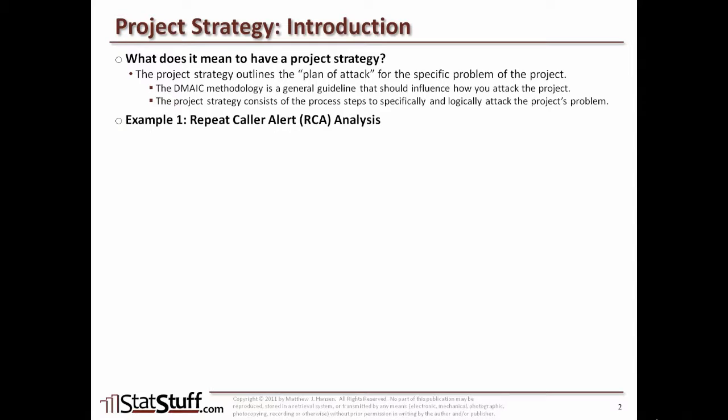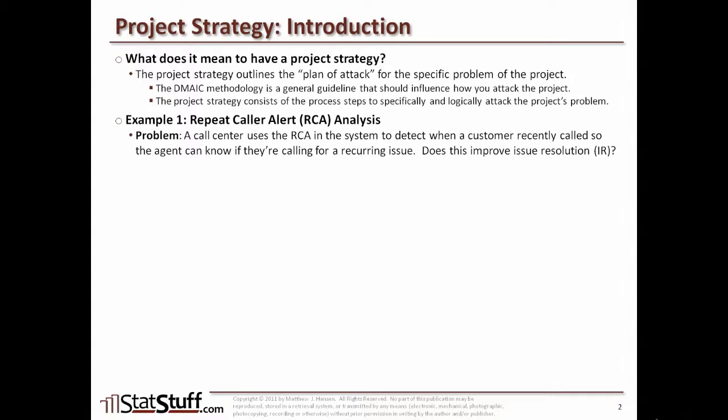In the first example, we're looking at what we call a repeat caller alert analysis, a metric called a repeat caller alert. The problem was a call center that uses this repeat caller alert in the system as a way to detect whether a customer who's calling in had actually called in before.